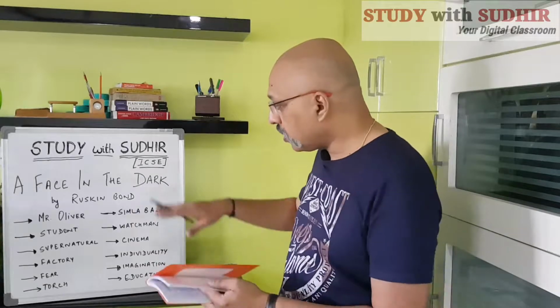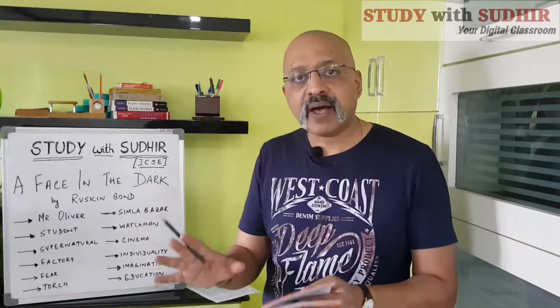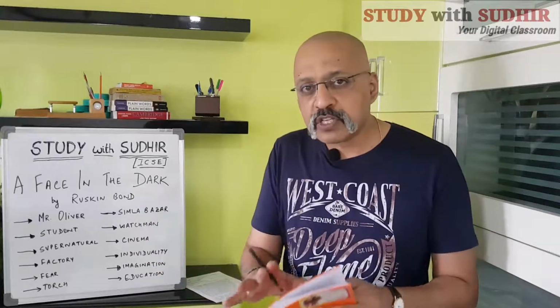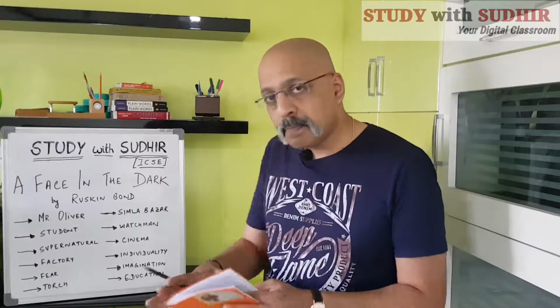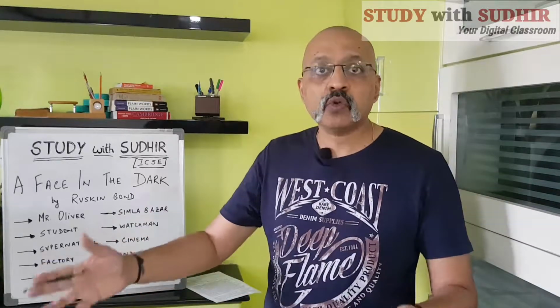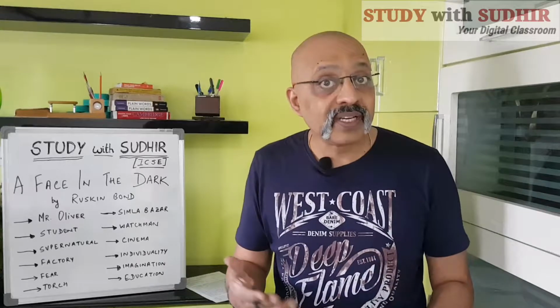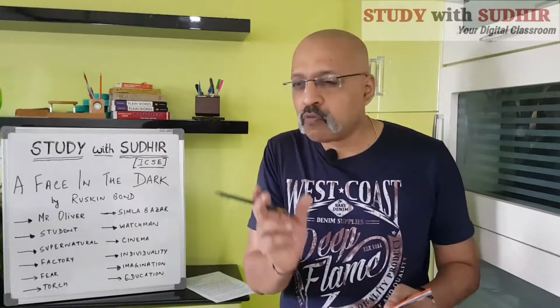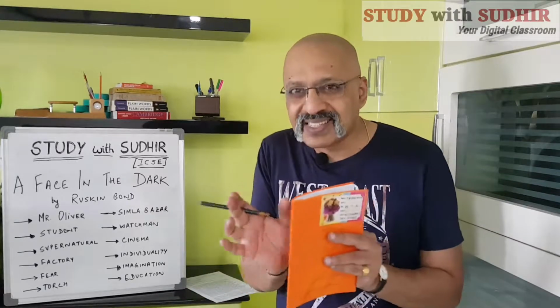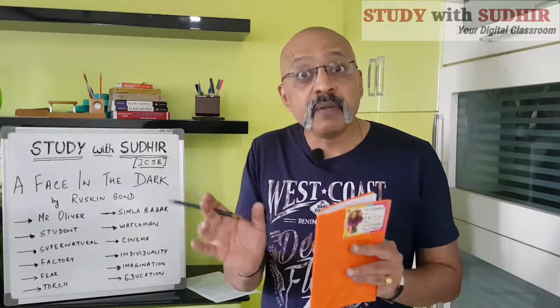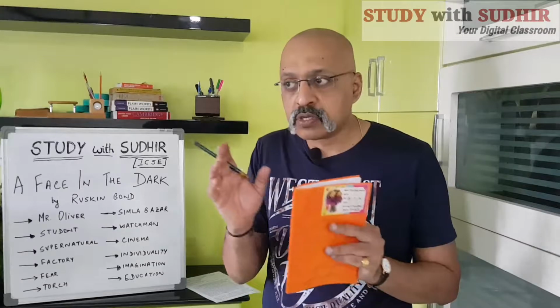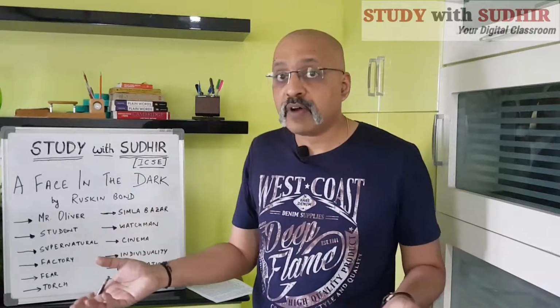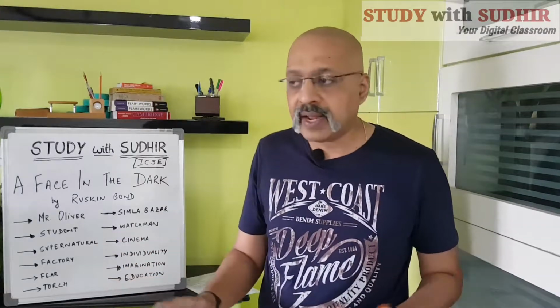So, Ruskin Bond, in a very deft, smart, smooth and clever manner, is doing the setting for what is going to follow in the story. Because it is a thriller, the word pine forest immediately gives you a sense of what could possibly happen. There is a sense of something very mysterious in the pine forest, because obviously when it is a forest, you are not going to find any human beings there, highly unlikely to.